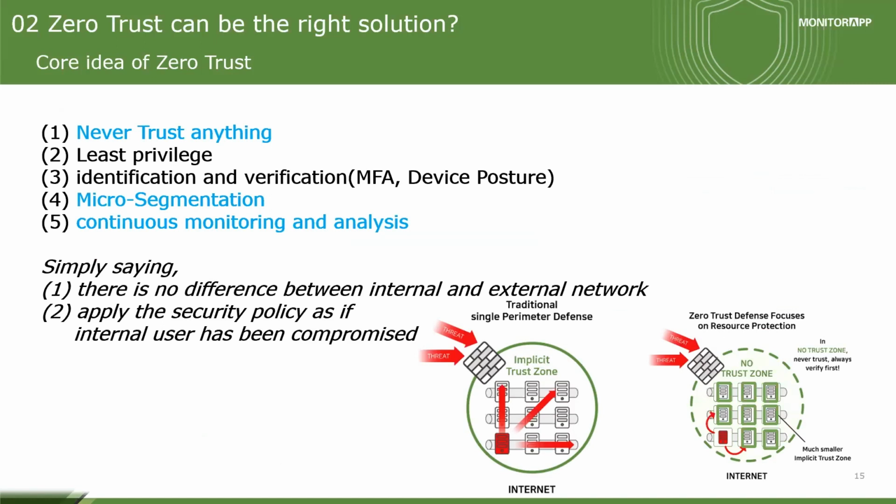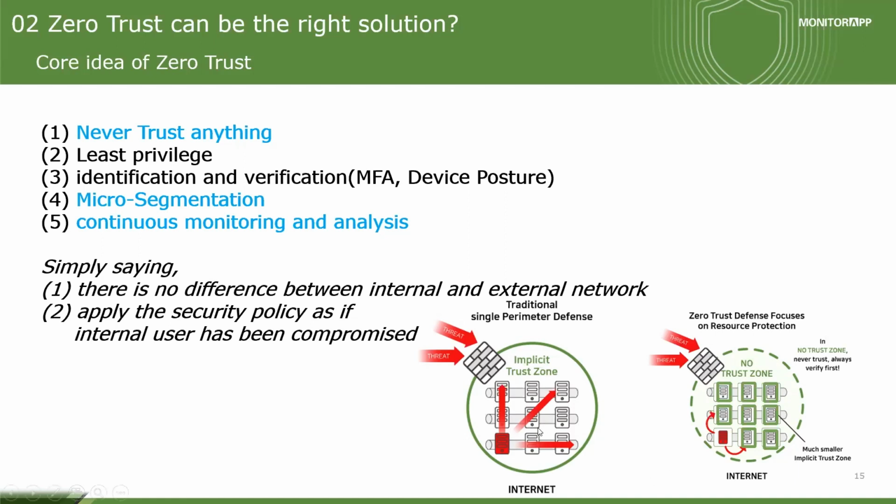The second is least privilege, and number 3 is strict identification and verification, including MFA and device posture. Number 4 is micro-segmentation, and number 5 is continuous monitoring and analysis.